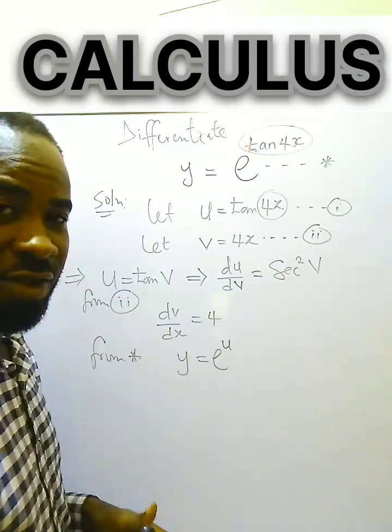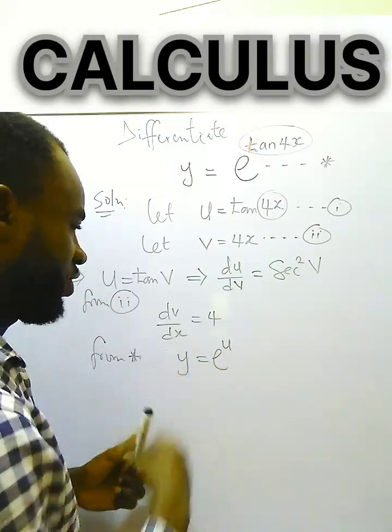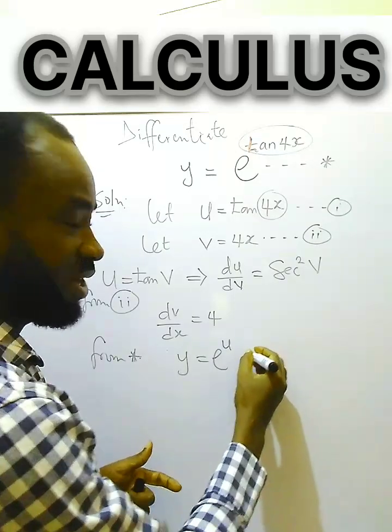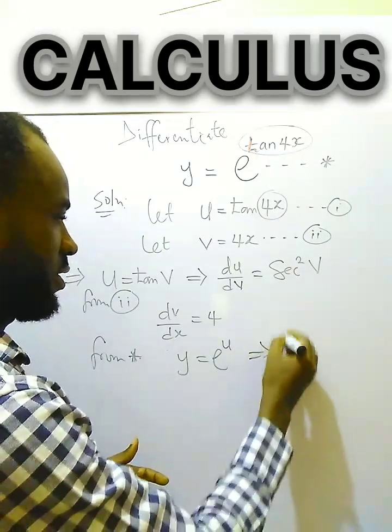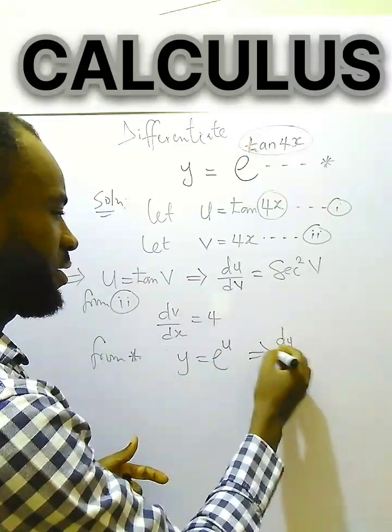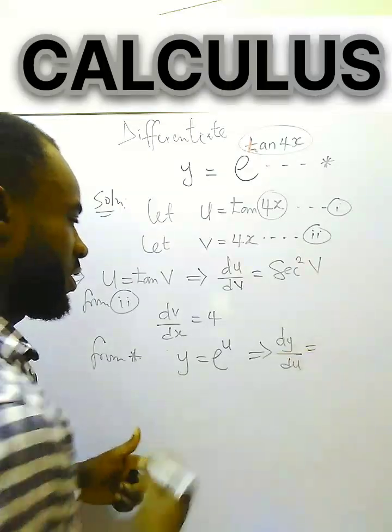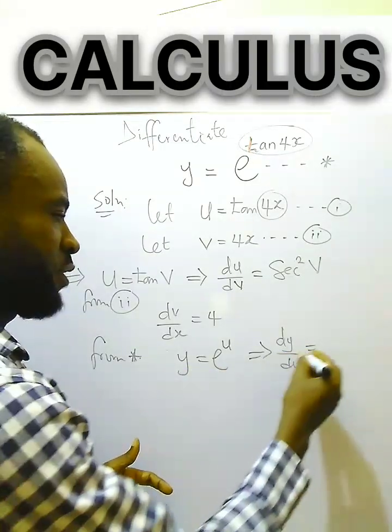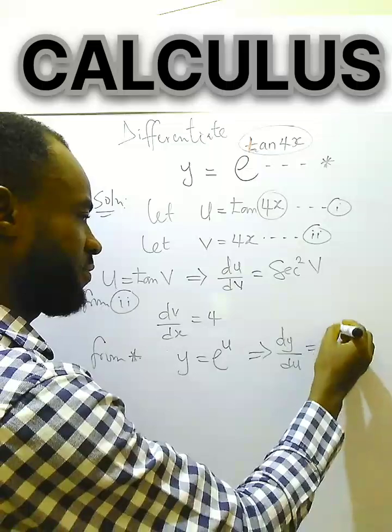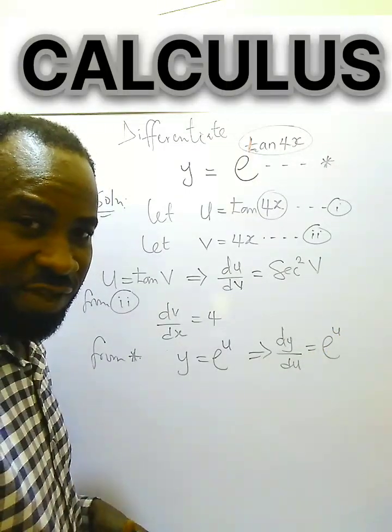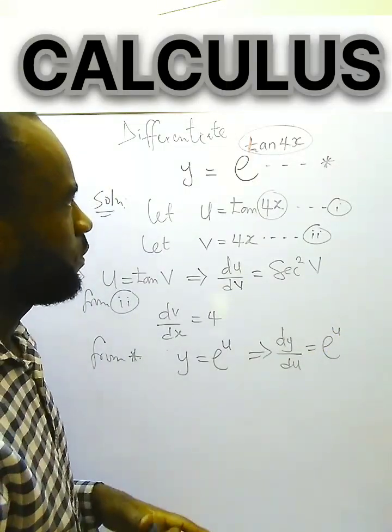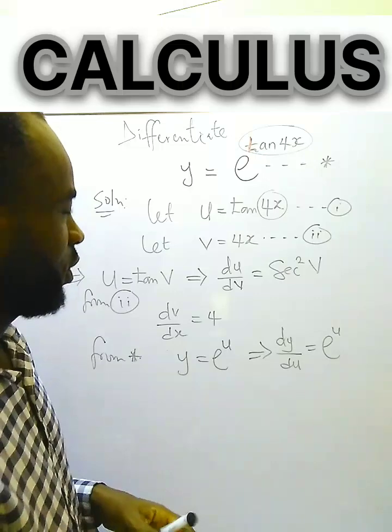Can you see that? So again, let me differentiate this. If I differentiate this, dy/du will still give me e raised to the power of u from our standard derivative again. Okay, so I think I'm almost done with my job.